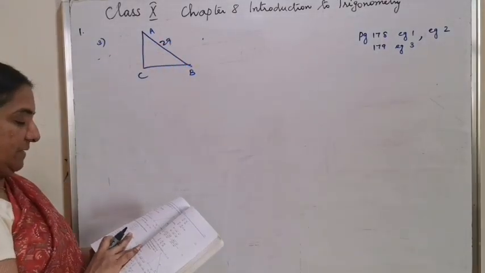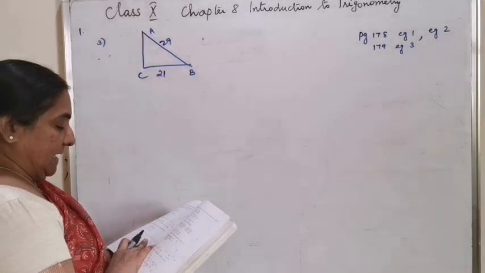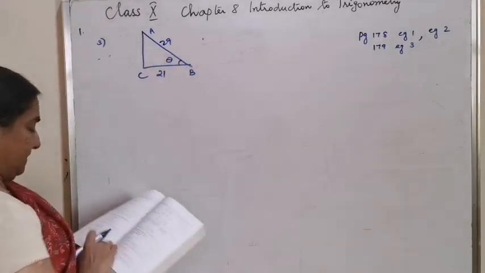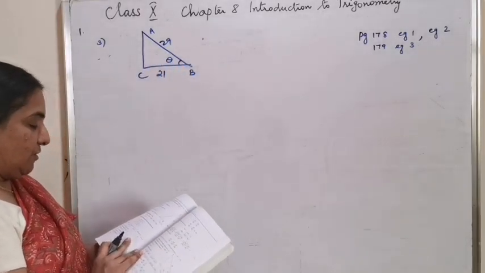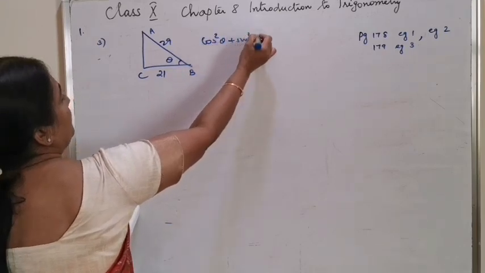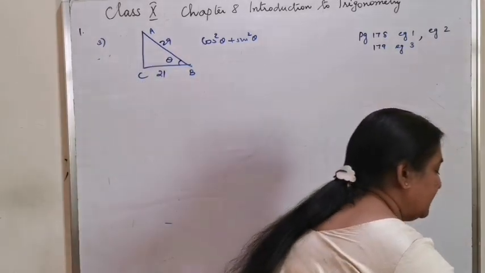Hypotenuse is given as 29 units. BC is equal to 21 units, and angle ABC is equal to theta. Determine the values of cos square theta plus sin square theta, and the second value of cos square theta minus sin square theta.